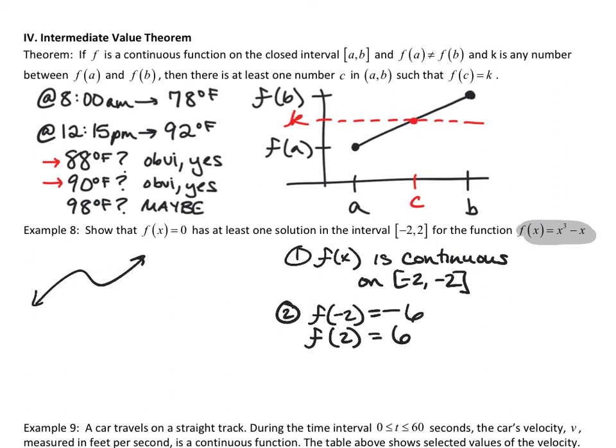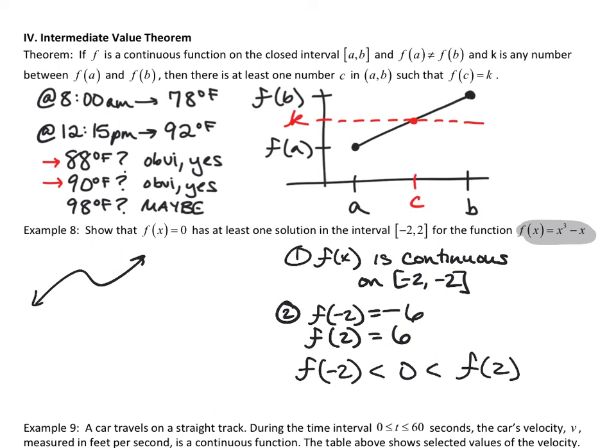Because of the numbers -6 and 6, between them is the value 0. So I'm saying between f of -2 and f of 2, there has to be the value 0. We know that f of x has to equal 0 for at least one solution.